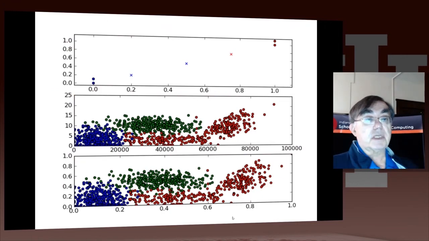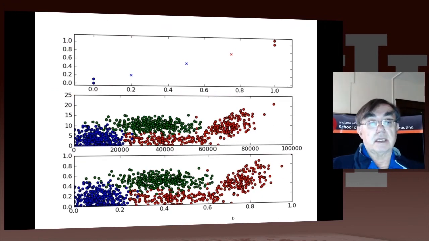Here we reproduce that plot on this slide, and let's just discuss it quickly. So the top plot is this case of 4 points. These are the 4 circles, 2 red circles near the top right, 2 blue circles near the bottom left. And then we have 3 points in the middle. Those are the 0.2, 0.2; 0.5, 0.5; and 0.75, 0.75 test vectors.